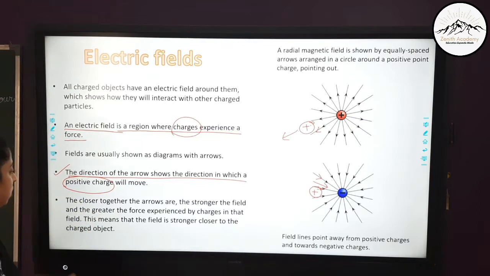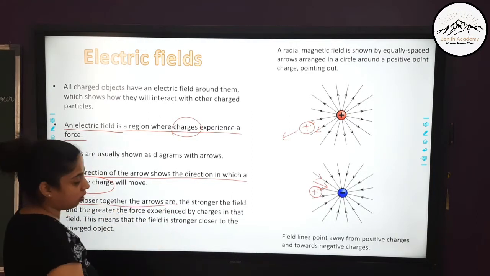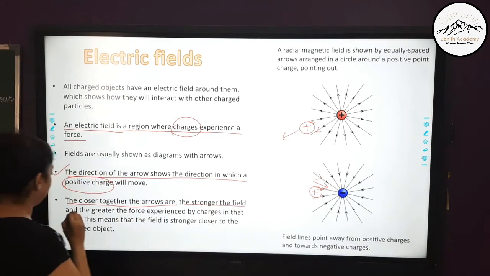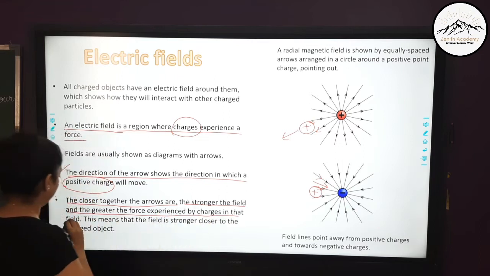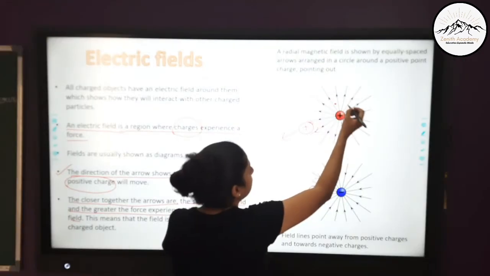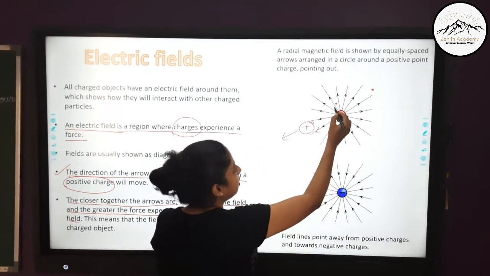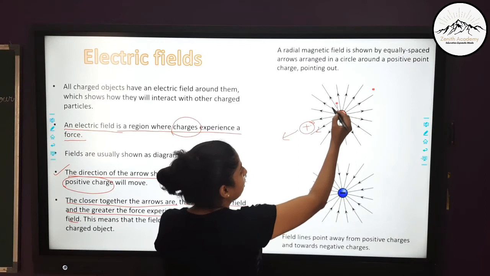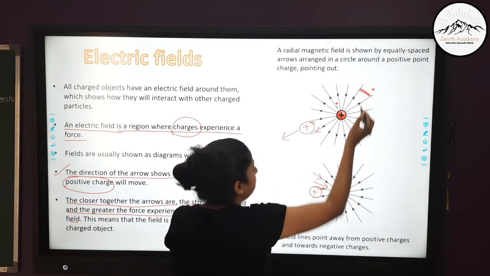The next point is, the closer together the arrows are, the stronger the field and the greater the force experienced by charges in that field. Here, if I keep a charge here and if I keep a charge here, what is the difference? Here the lines are very close to each other, but here there is a lot of space between.